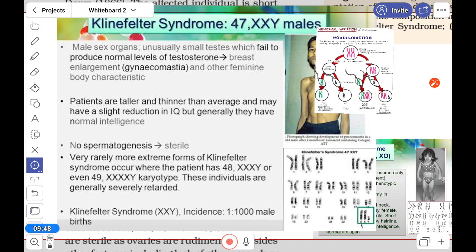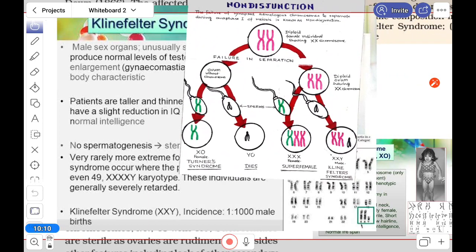Okay, so some other extreme varieties are also there. Klinefelter syndrome occurs about one per 1,000. You can see here the chromosome abnormality XXY. Okay. So another one we have seen, that is Turner.